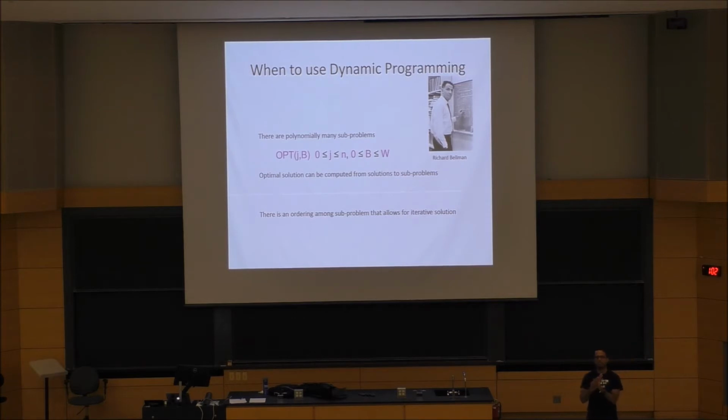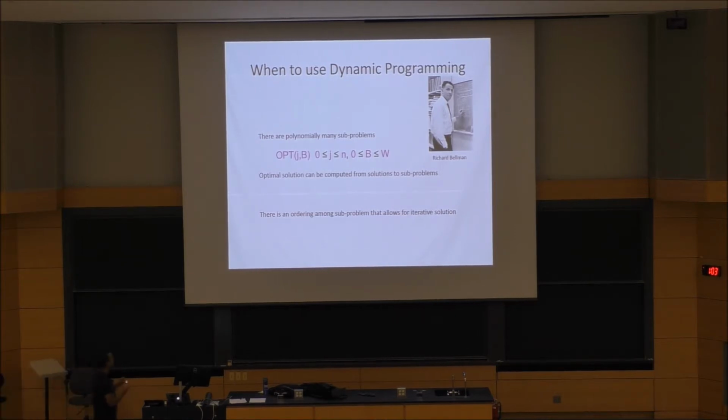When you look at a subproblem with j, you're looking at the first j numbers, and you have a budget that goes between 0 and W. So the number of subproblems is essentially of the order of n times capital W. And actually, I'll come to it shortly. Depending on how large capital W is, this need or need not be polynomially many.